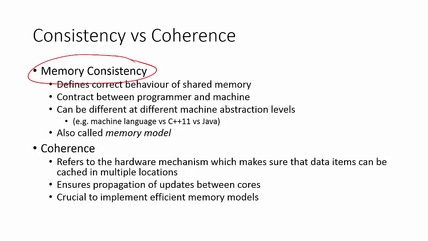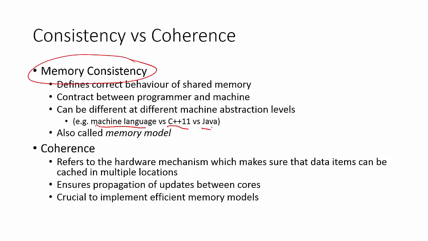It can be different at different abstraction levels in the machine, so we can have different kinds of memory consistency models at the machine language level, another one at the assembly language level, and then also different ones at the C or high-level language levels. In fact, C++ and Java define their own memory models so that they can be independent of whatever model the hardware implements.